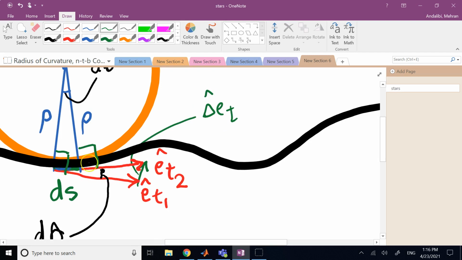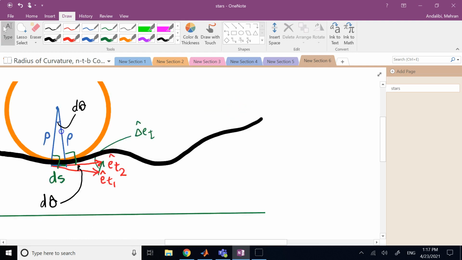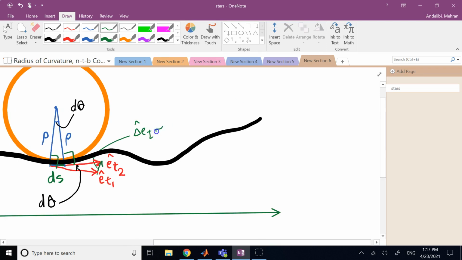And if you look here, this delta ET is the third side of a triangle that you can see here, with the two sides being equal and with the magnitude of each one being 1 because they are ETs and they are unit vectors. So the magnitude of this delta ET is actually what? It is equal to the magnitude of one of them, correct? Right? It's a triangle like this. Each side is 1.